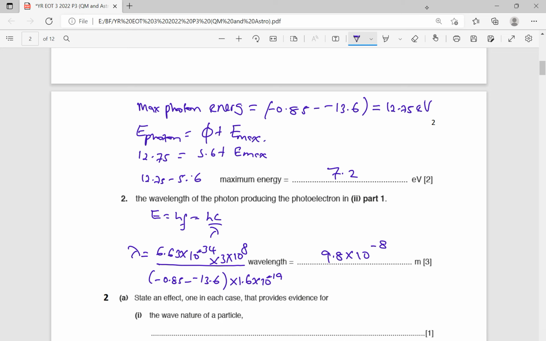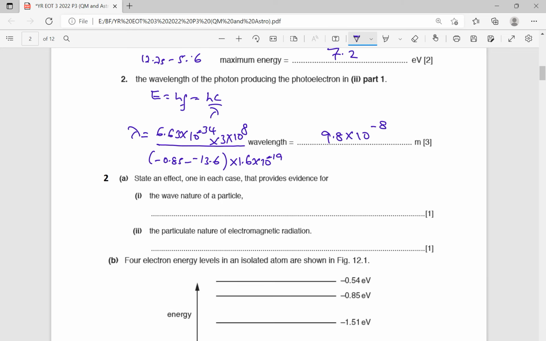Number 2, state an effect, one in each case, that provides evidence for the wave nature of a particle. The most important effect that provides evidence for the wave nature of a particle is what we call electron diffraction. Or you can talk about the electron microscope, because this one uses electron diffraction straight away.